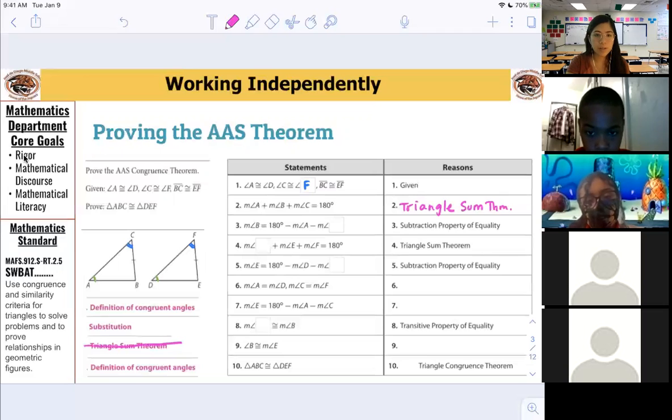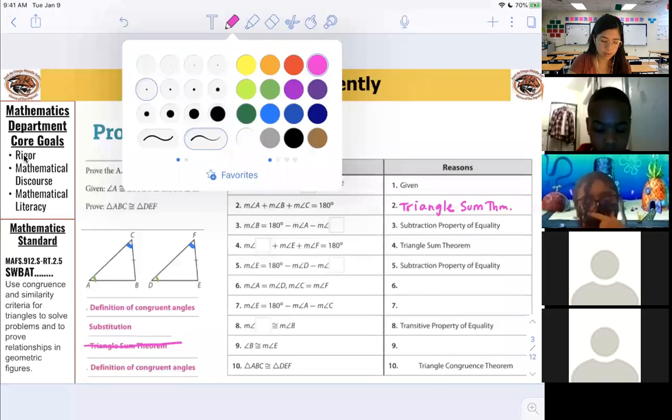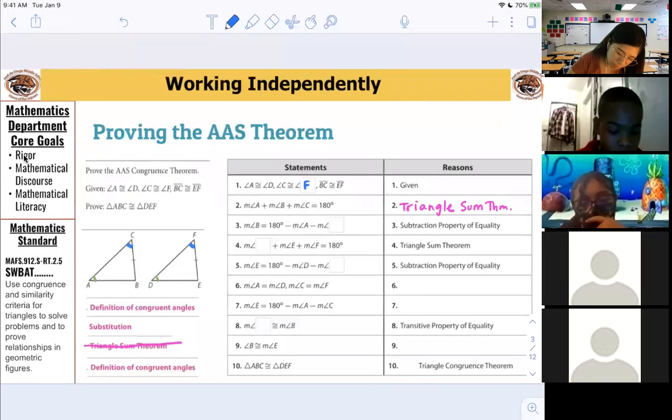Okay, so now we know this piece of information. Then it says the measure of angle B equals 180 minus measure of angle A minus measure of angle what? C. Yeah, C. And they're basically just trying to get angle B all alone. So they're subtracting and making angle A and angle C go over to the other side. And that's our subtraction property of equality.